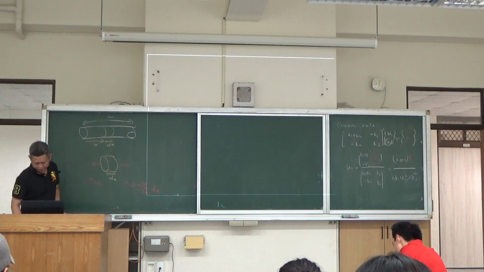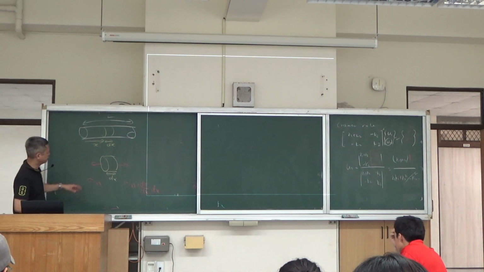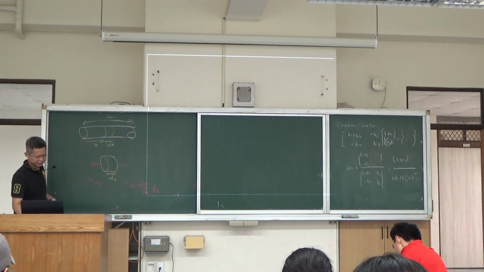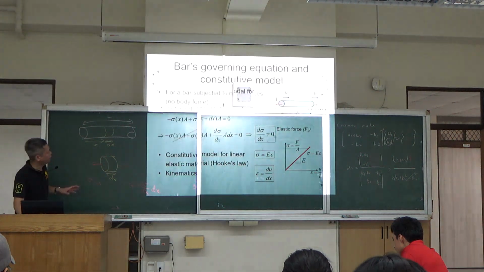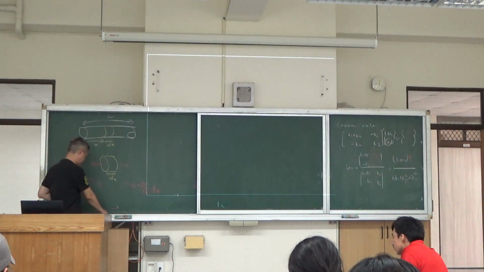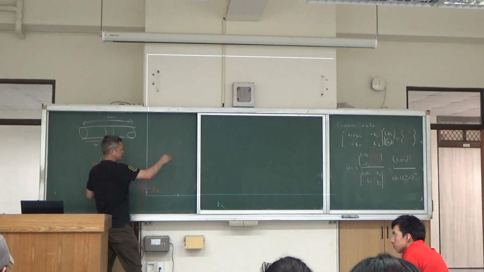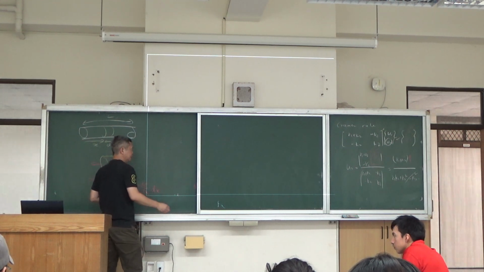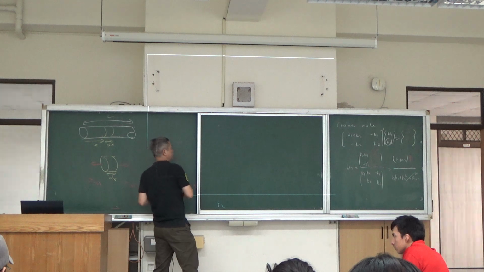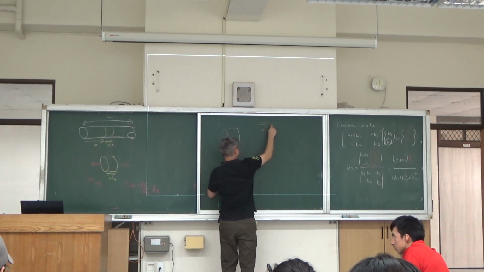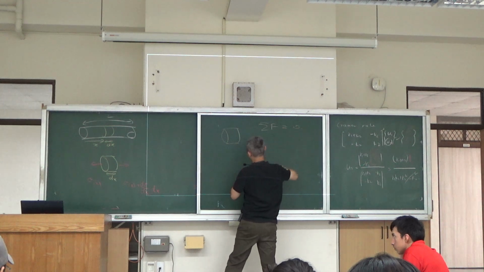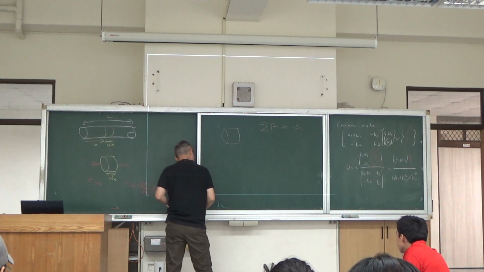And then next, how are you going to analyze the thing? Okay, you are going to find out this force balance. Because this whole thing is going to be balanced. The force summation here is 0. How do you find this force?